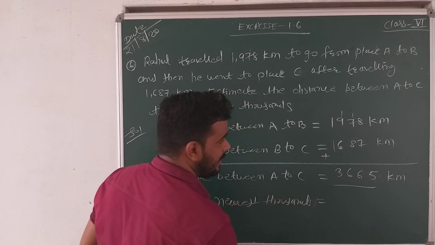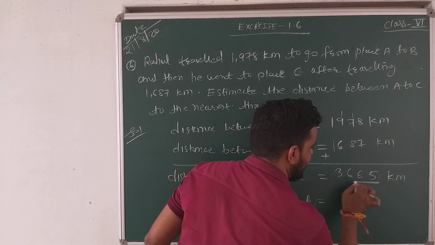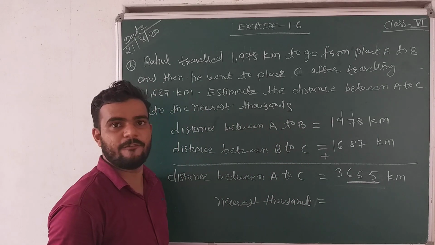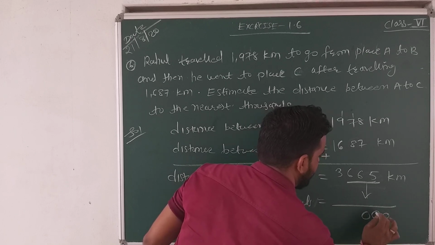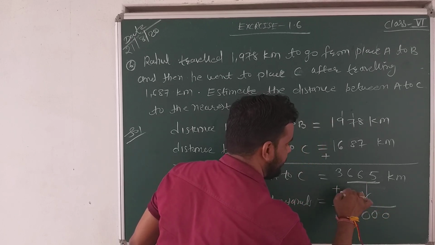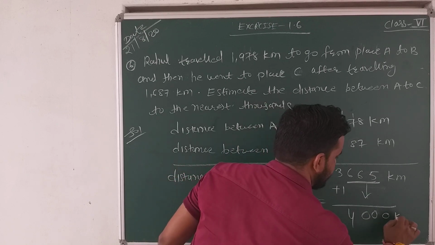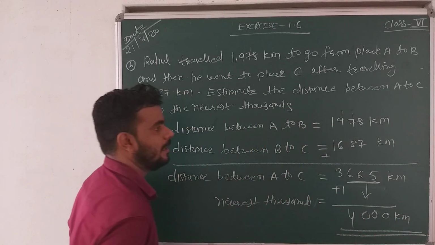For the nearest thousand, the last 3 digits 665 are more than 500. So instead of 665 we can write 000, and in the front we will add 1. 3 plus 1 is 4000 kilometers, your final answer.